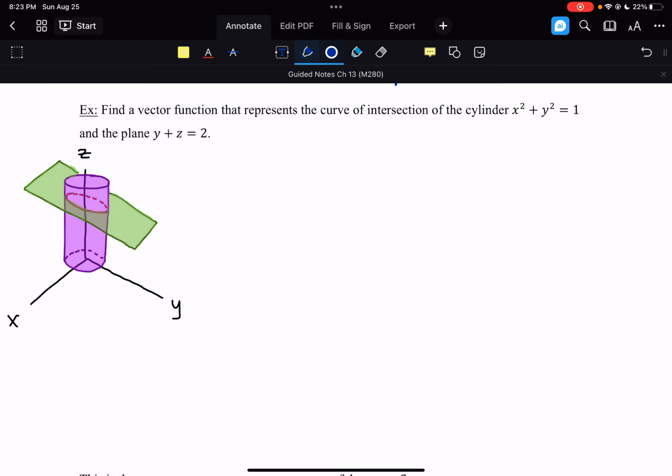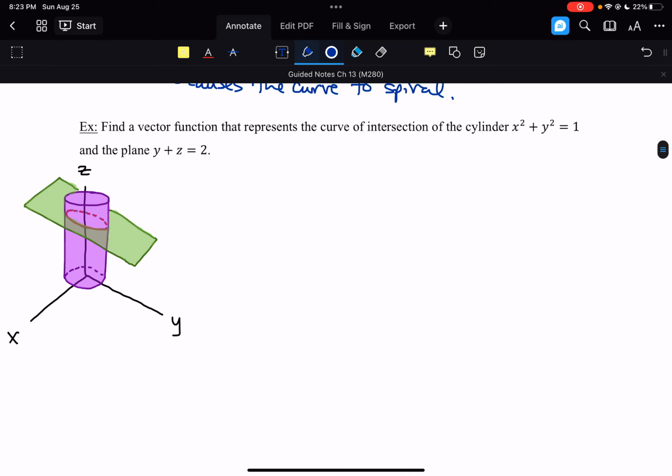Now that curve is not a perfect circle. It is circular in nature in that it has the curve of the cylinder, but it's not exactly a circle because this is at an angle.